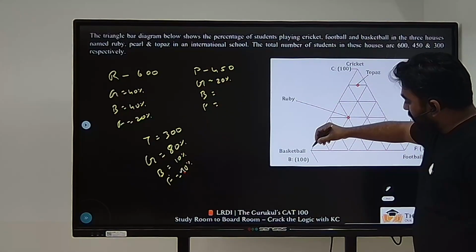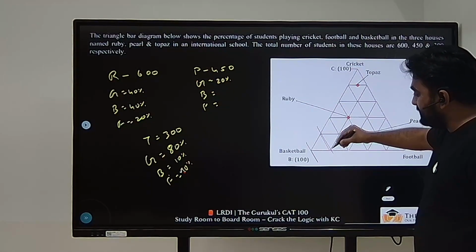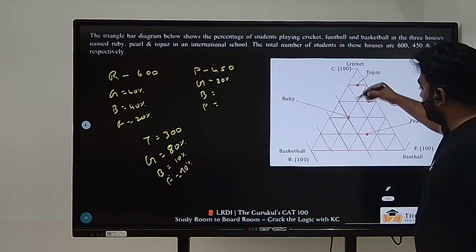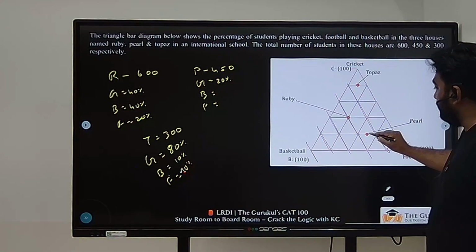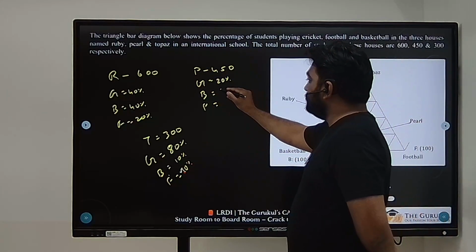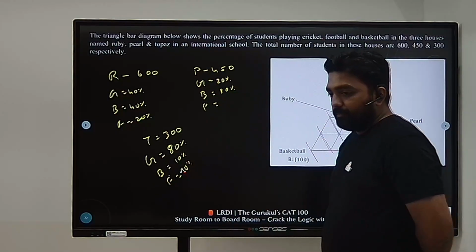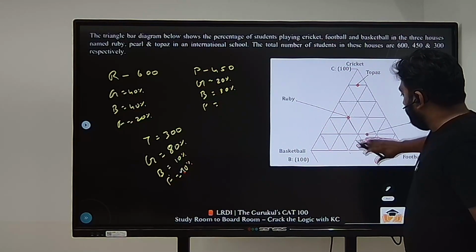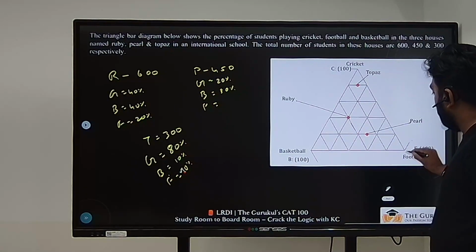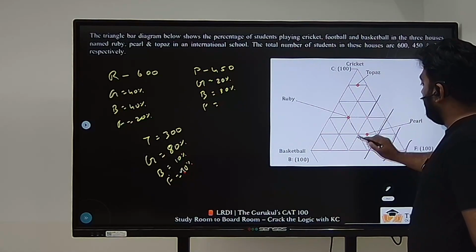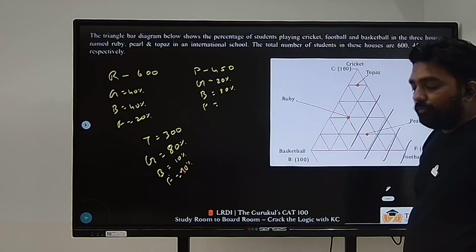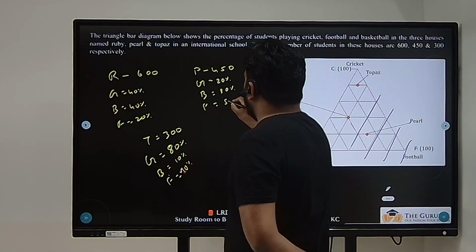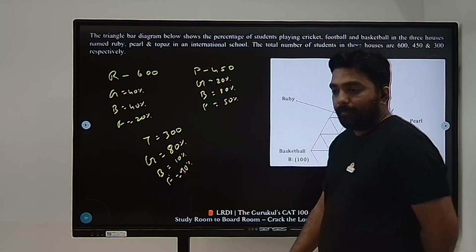This is 100, this is 80, 60, 40 and 20. This is between 40 and 20. So let's say 30%. Now let's look at football. In football, this is my 100, 80, 60 and 40. Between 60 and 40, which is equal to 50%.